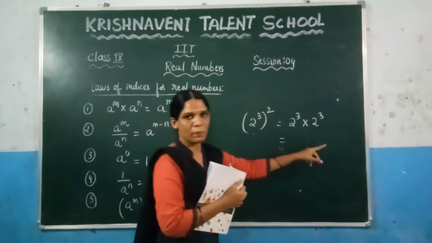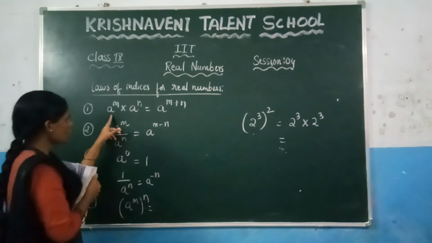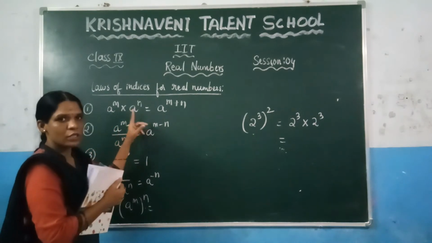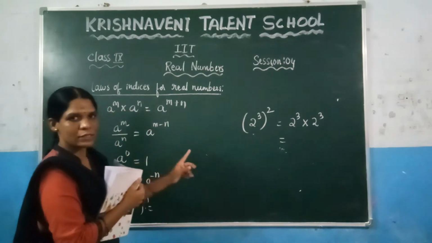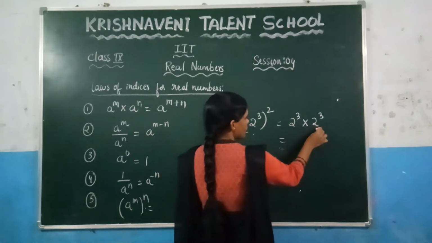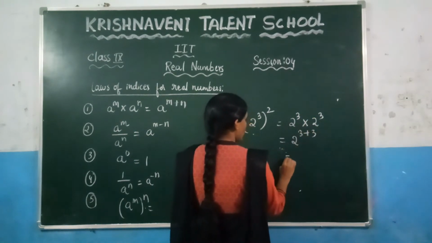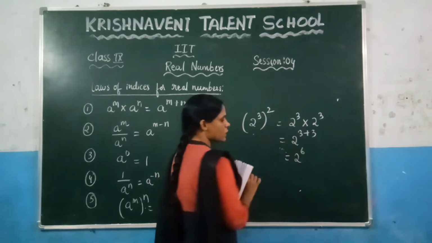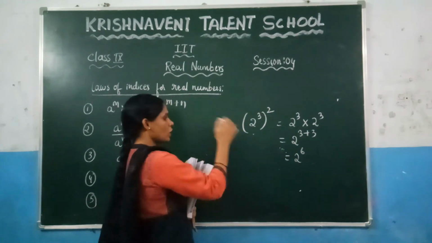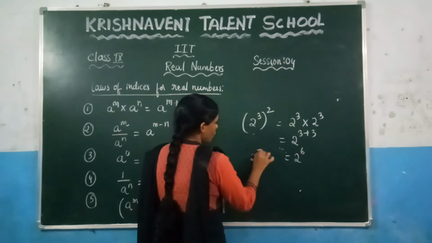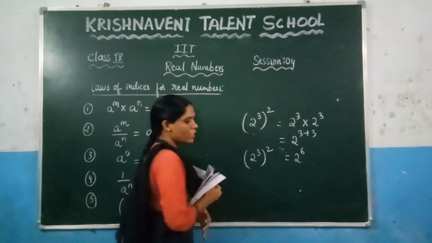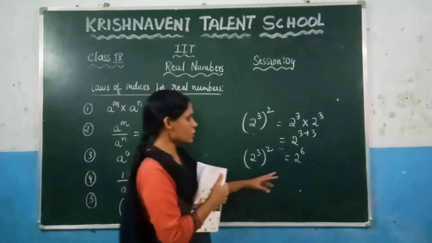A power m into a power n. Here you can observe that it is in the form of a power m into a power n. So we can add the powers since the base is same. You will get 2 power 3 plus 3. What is the value of 3 plus 3, which gives you 6. Similarly here, 2 cube whole square is nothing but the value we got here as 2 power 6.